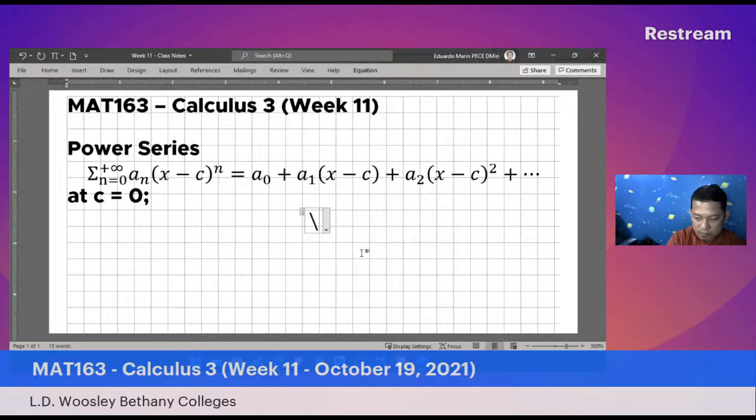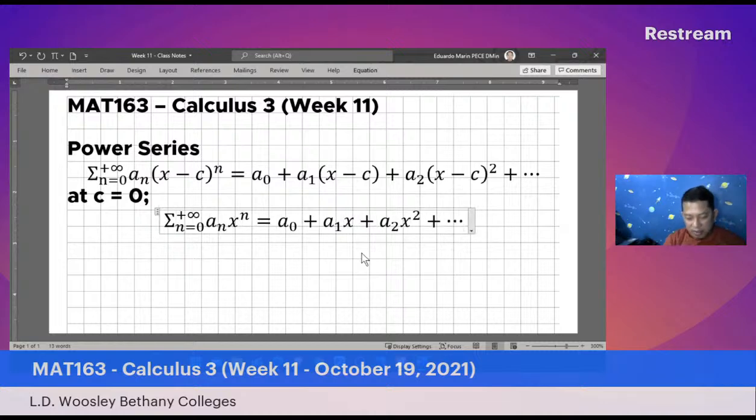This would now be the summation at n equal to 0 raised to positive infinity of a sub n times x raised to n, which would be expanded as a sub 0 plus a sub 1 x plus a sub 2 x squared, etc., and so on. Magic, di ba? So this will be going through infinity, mga kapatid.